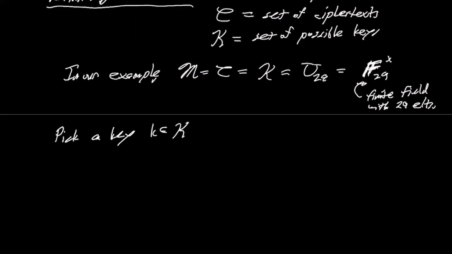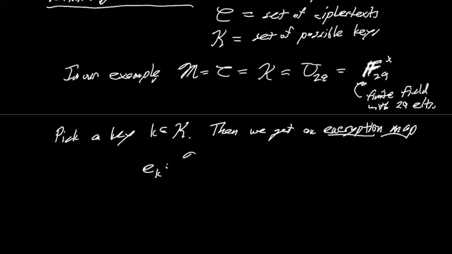And then we use that to make an encryption map, E sub k. Once we fix k, we get a map from the set of plaintext to the set of ciphertext.